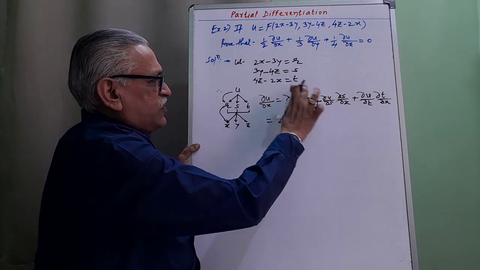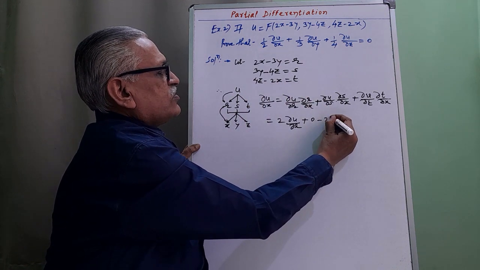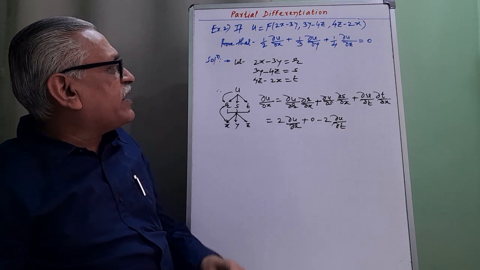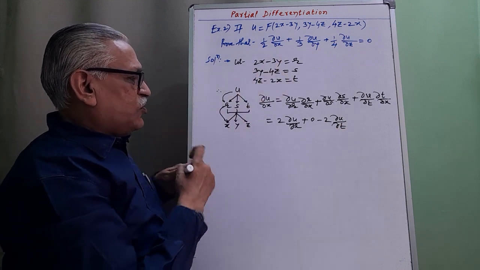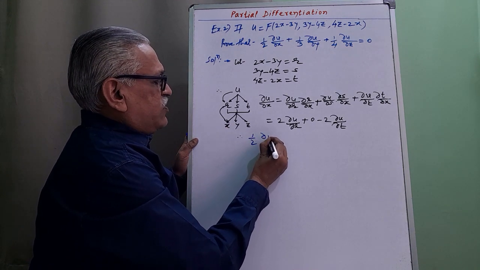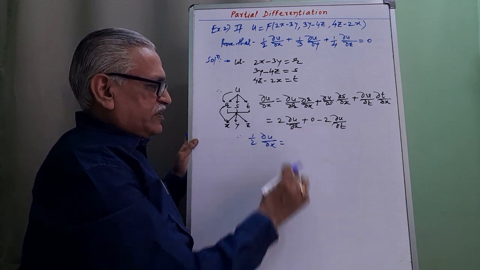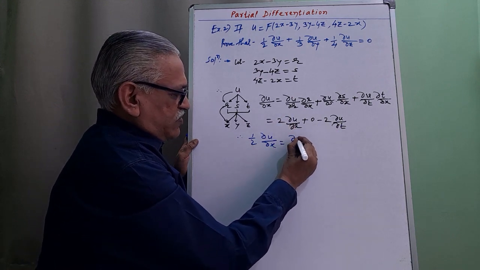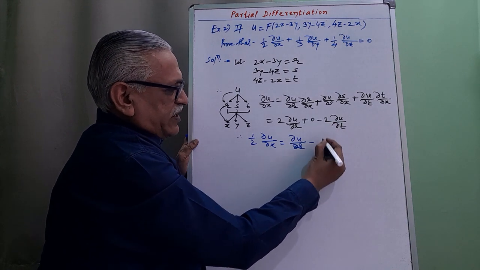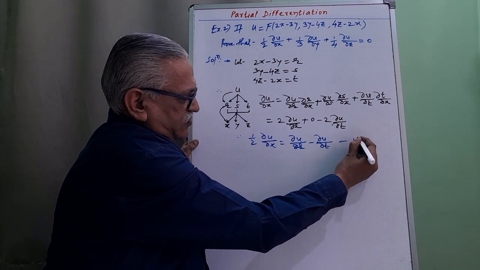Differentiating t with respect to x, the derivative is minus 2 dou u by dou t. Then multiplying by 1 by 2 on both sides, we get 1 by 2 into dou u by dou x is equal to 1 by 2 of this, the 2 gets cancelled, we get dou u by dou r minus, here also 2 gets cancelled, dou u by dou t, and we call this equation 1.